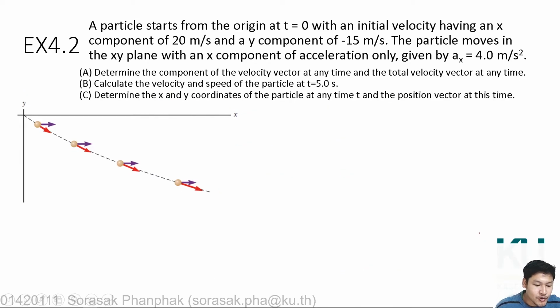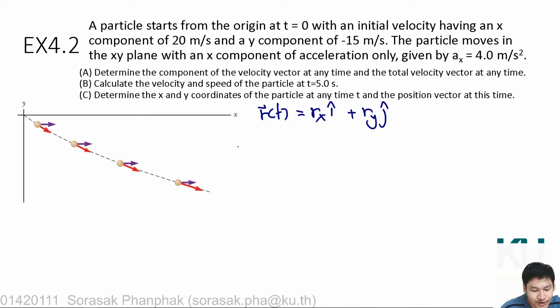Next, in order to determine the xy position of this particle at any time point, how can you define it? You get a relation of r(t), right? This is the combination of rx in the i direction plus ry in the j direction.